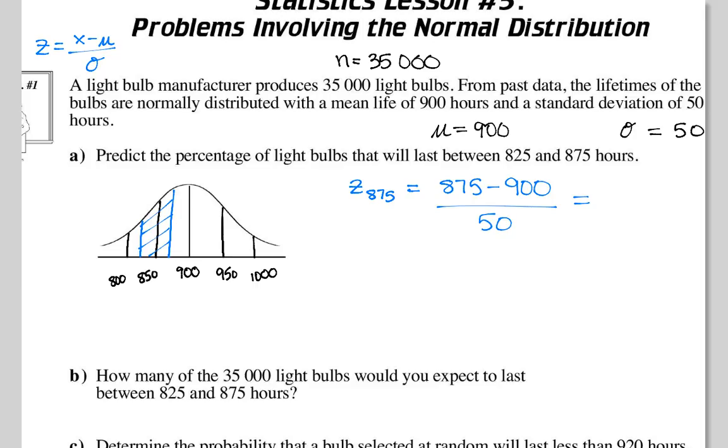And remember, there's some invisible brackets there. You have to do that subtraction first. You have to do this with me so that you understand the process. So that's the first z-score.